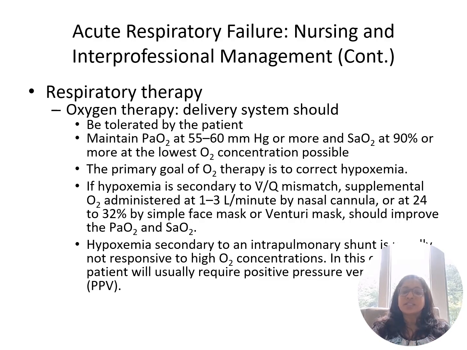What the percentage means is that our atmospheric air has 21% of oxygen. So by using a mask and calibrating that, we're giving a higher percentage of oxygen through the mask. If we're putting it at 28%, that means the air which we are providing has 28% of oxygen in it.